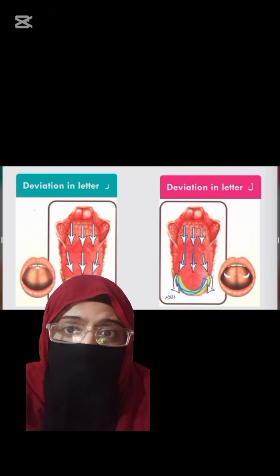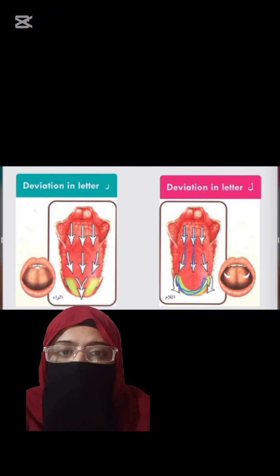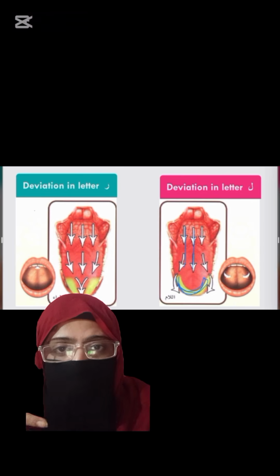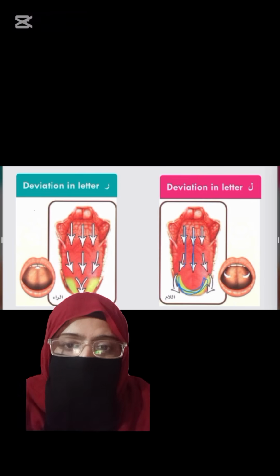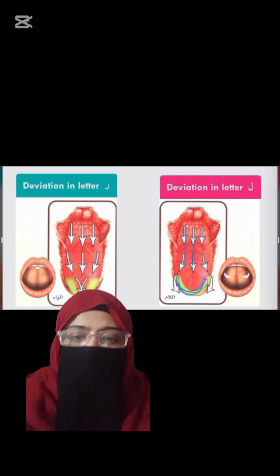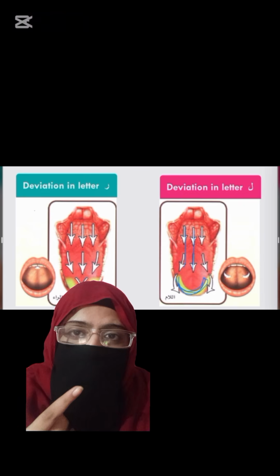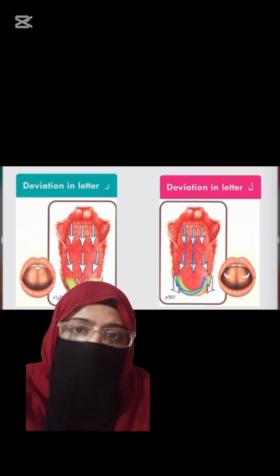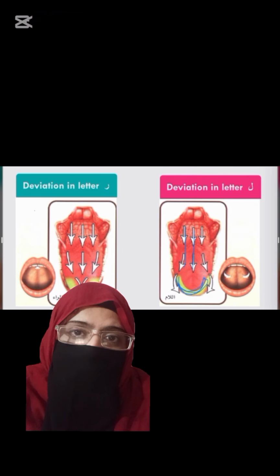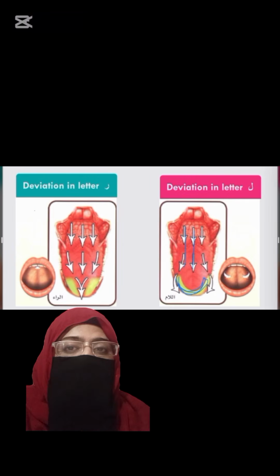The tip of the tongue approaches the upper front gum area, and the sound flows like a pathway, like r, r. Raa is the tip of the tongue, and both letters have this characteristic, which means the deviation and lifting of the sound from the tongue. My friends, this is Al-Inhirāf.